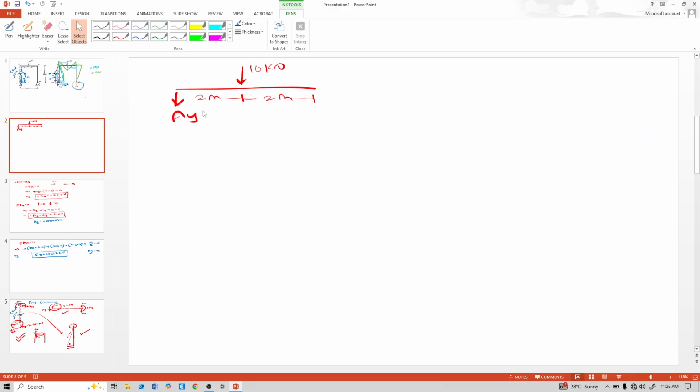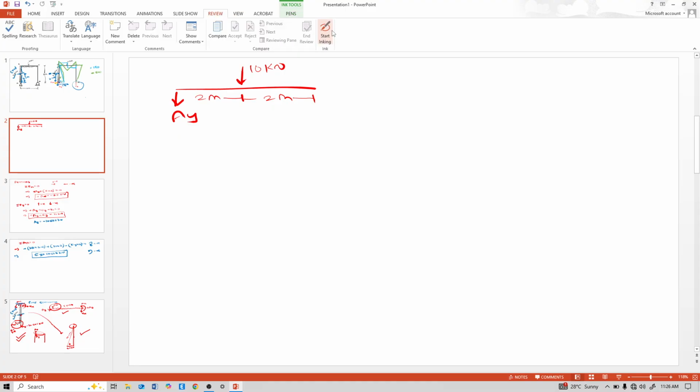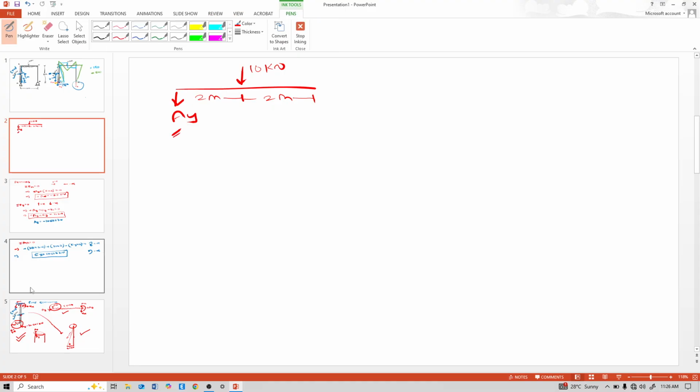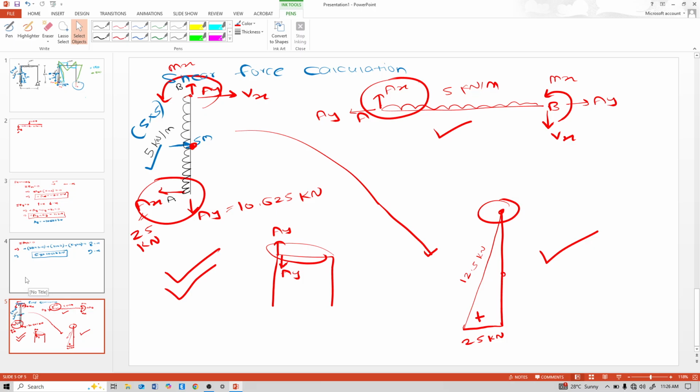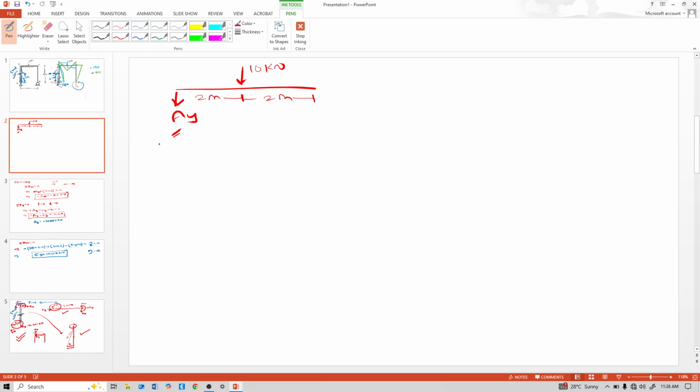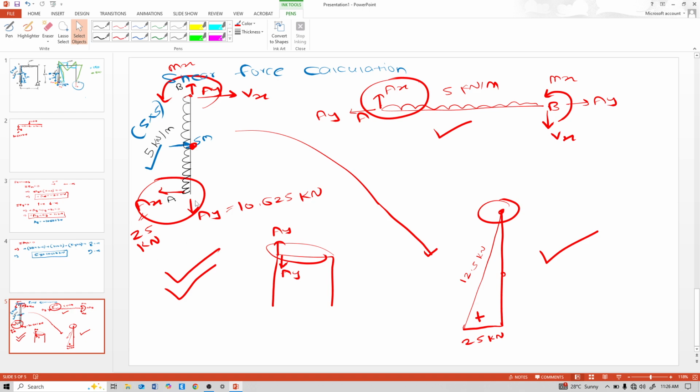So for that point BC, this is downward AY, and we know AY magnitude is 10.625 kilonewton. So take a similar magnitude. See, this Vx is 0 here.